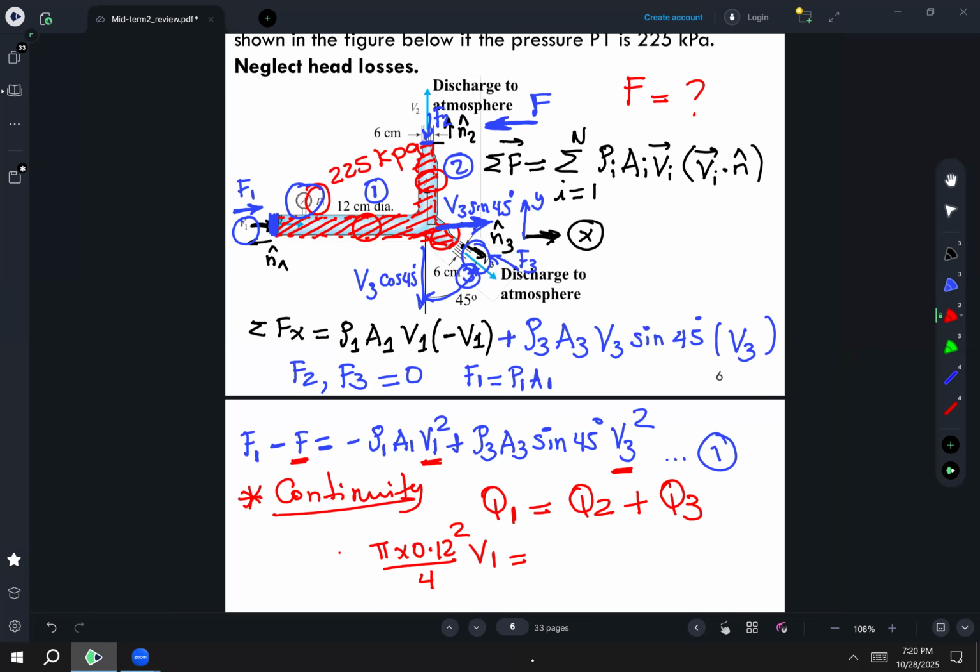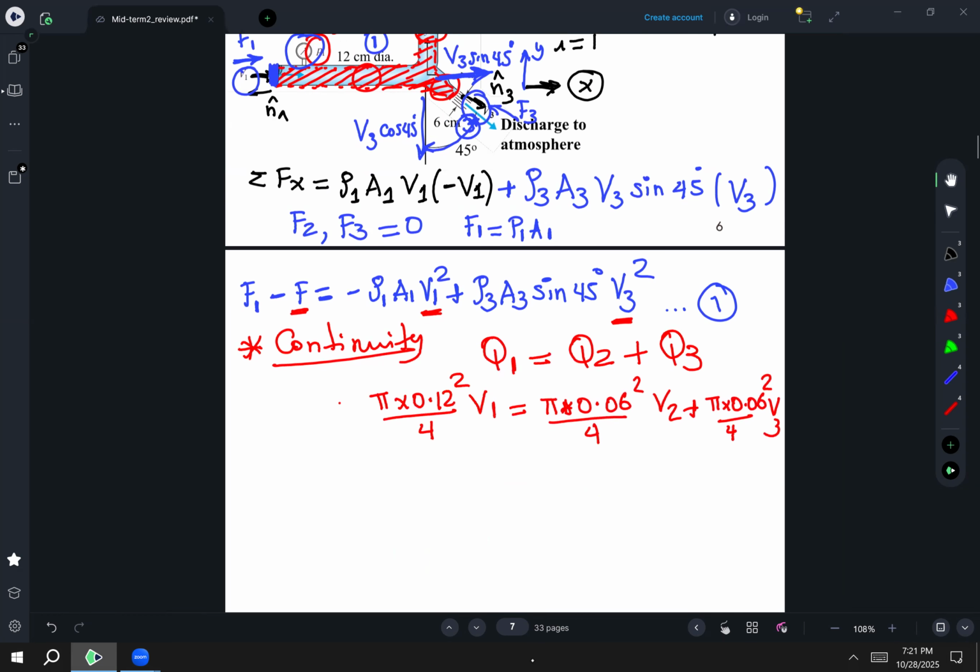which is pi times 0.06 squared divided by 4 times velocity 2, plus area 3, which also has a diameter of 6 centimeters, which is going to be pi times 0.06 squared divided by 4 times velocity 3.